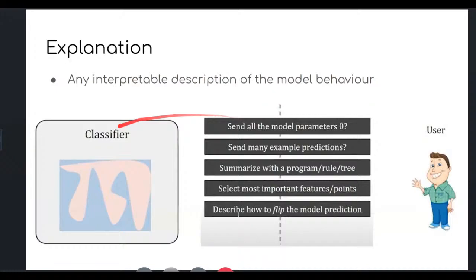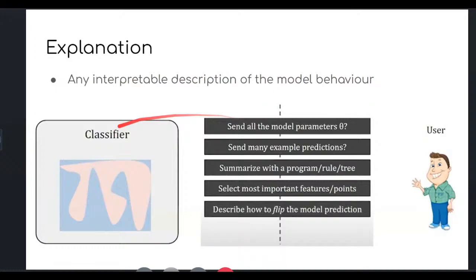Global explanation is basically which characterizes the classifier altogether. So when I say a particular CNN, how it performs, what it learns, what input features it is depending on in general, right? So that's global. The characterization is done at a very high level.